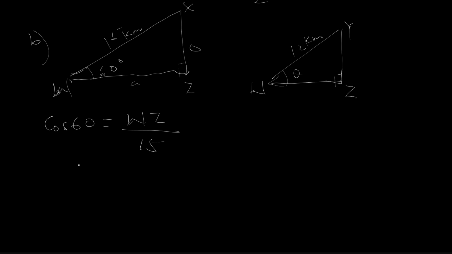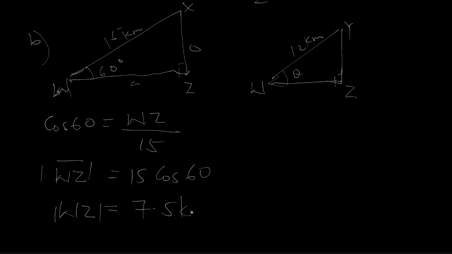So line WZ will be equal to 15 cos 60. So WZ will be equal to 7.5 kilometers. So here is 7.5 kilometers.